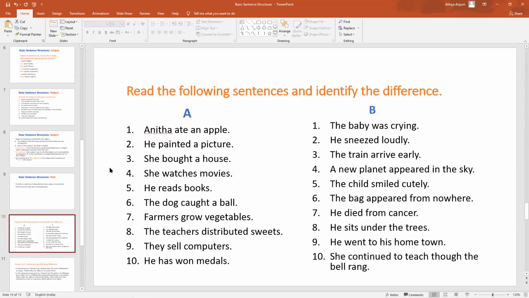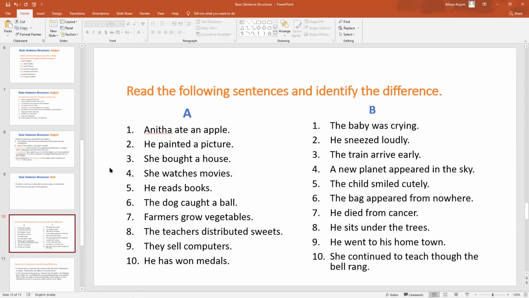The train arrived early. Now, which is the subject here? The train, and the verb is arrived. Again, early is an adverb. So there is no object there. Next, a new planet appeared in the sky. Which is your subject?